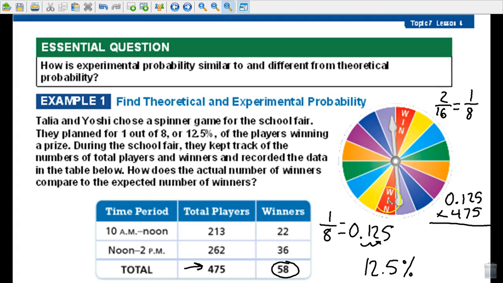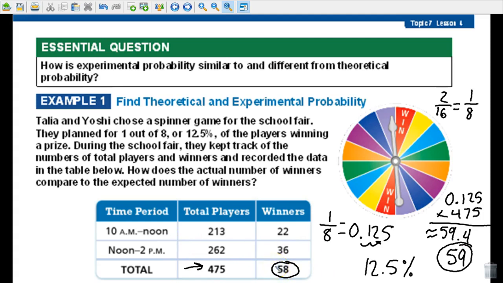You get approximately 59.4, but you can't have 0.4 of a person, so we round that down to 59. So we had 59 expected winners and 58 real winners.